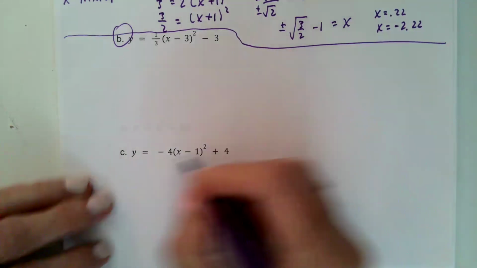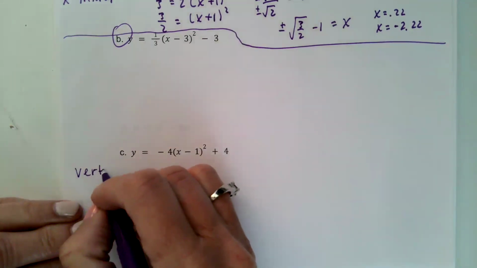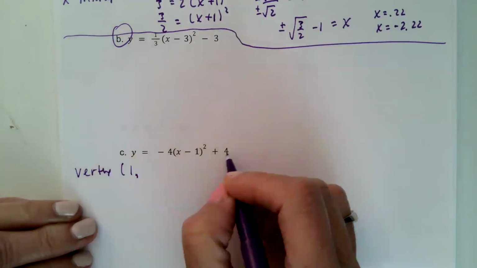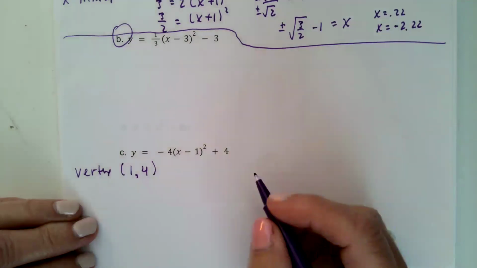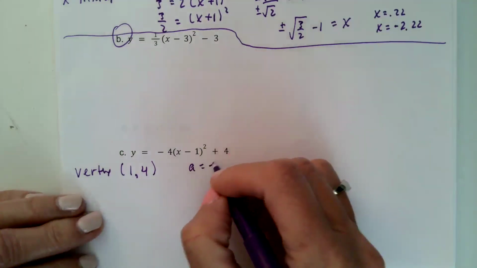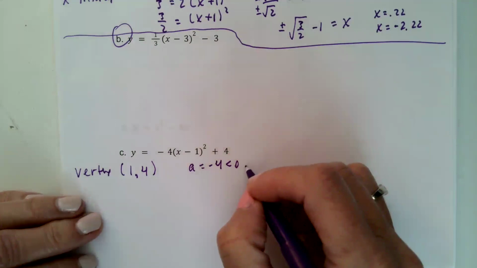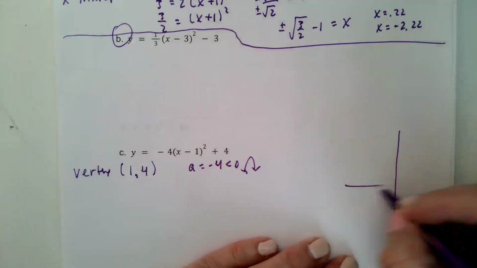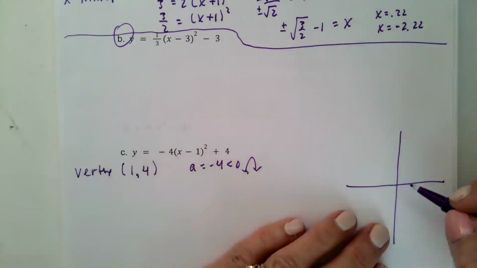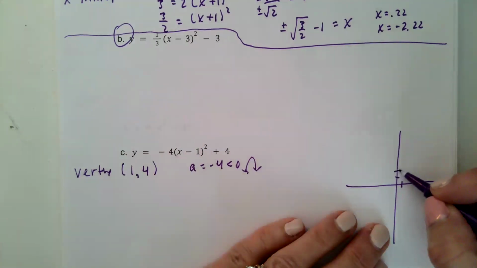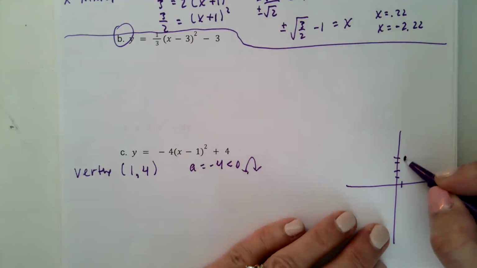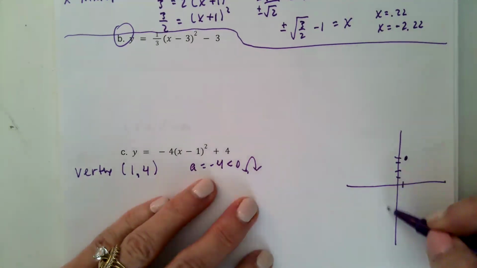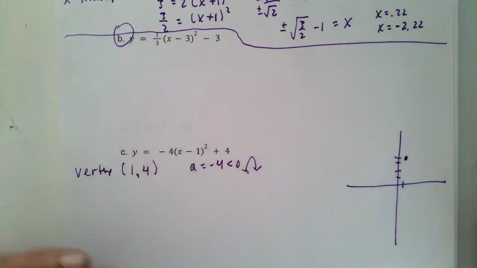So our vertex, H and K, so H is a 1 and K is a positive 4. A is equal to a negative 4 this time, which is less than 0, so it's face down. So let's just get a glance here what it looks like. So my vertex is over 1 and up 4. So something right about here. And then it's face down. So I know I'm going to have 2 x-intercepts, right? I just have to figure out what they are.